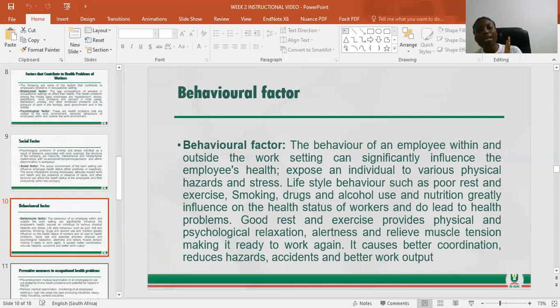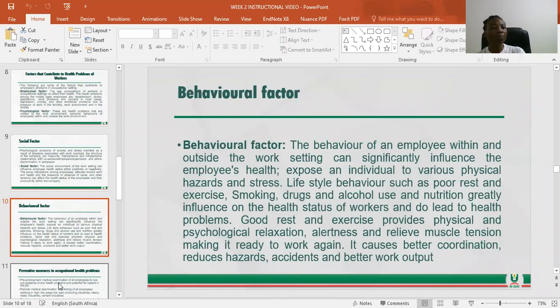But the employer can actually help workers to become better or imbibe good behavior that will enhance their health and promote their productivity. So we know that good rest and exercise provide physical and psychological relaxation, as well as alertness and relief of muscle tension. So when you are relaxed, you'll be able to focus on what you have to do.